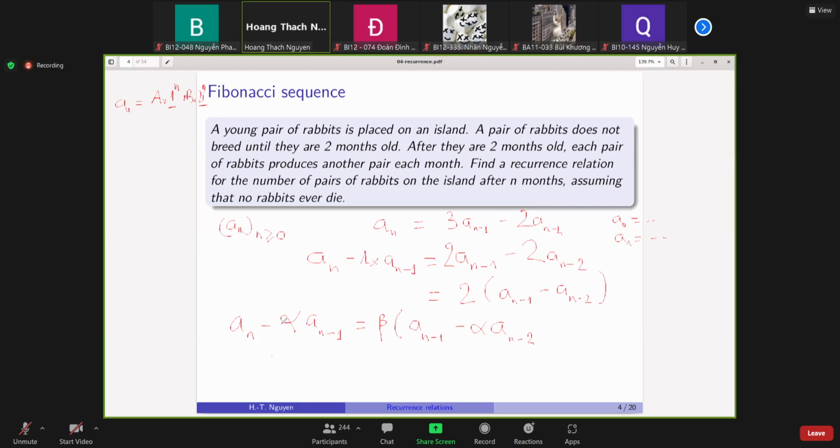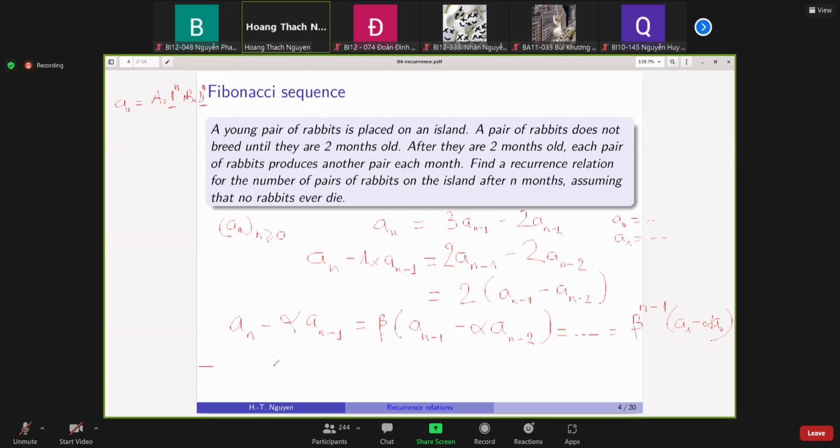If you manage to write it like that, then you can go back and it will become equal to beta to the n minus 1 times (a_1 minus alpha times a_0), and you can continue the argument with a little calculation.